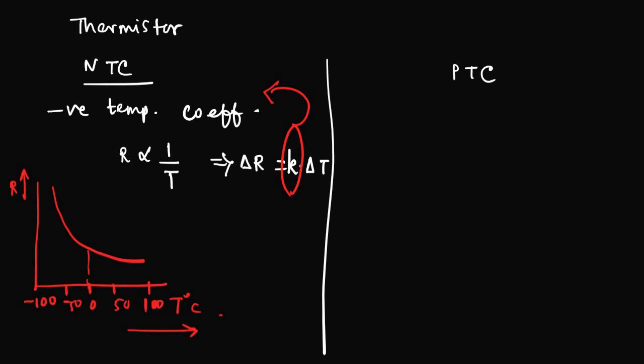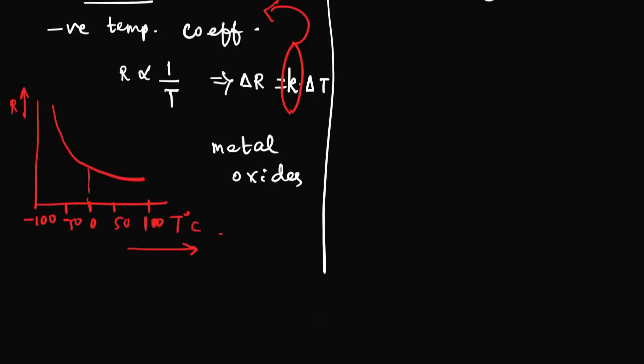So NTC is basically made up of metal oxides, which are cobalt, nickel, chromium, like that, which we have discussed earlier also. Here I also want to mention that NTC thermistors are very cheap and ready to use.